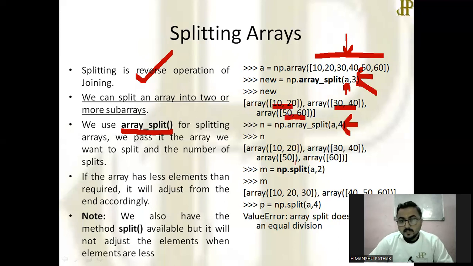So here you can see that two arrays have two values and the last two arrays have only one value. Why? Because we want four arrays and there are not sufficient elements available to distribute an equal amount of elements in each array.